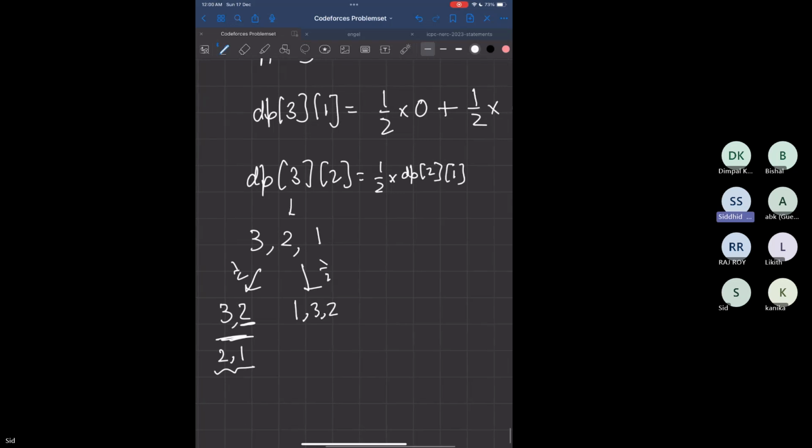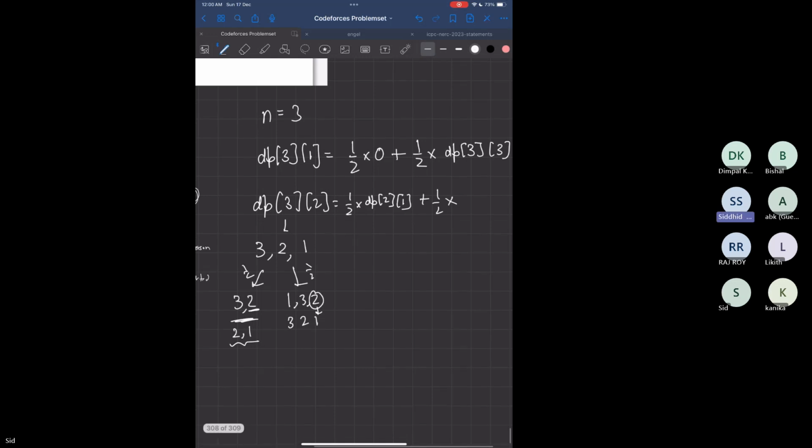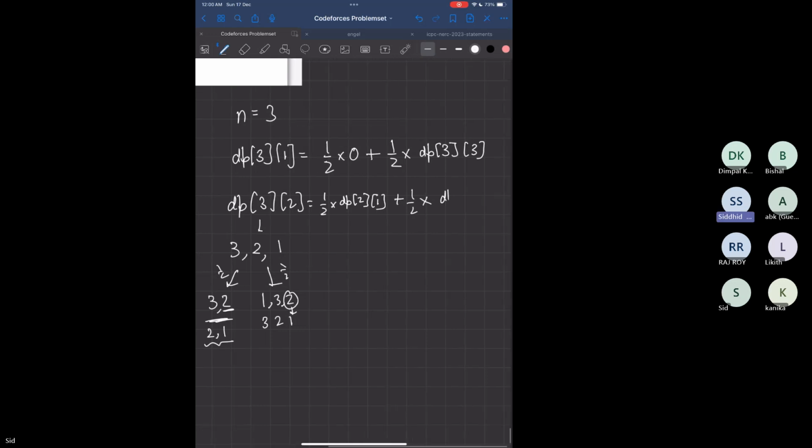So 1 plus half into, here if you see 1 to 3, sorry, 3 to 1. Here 2 is taking the position of 1 again. Thus, the probability of 1 staying at last is dp 3, 1.